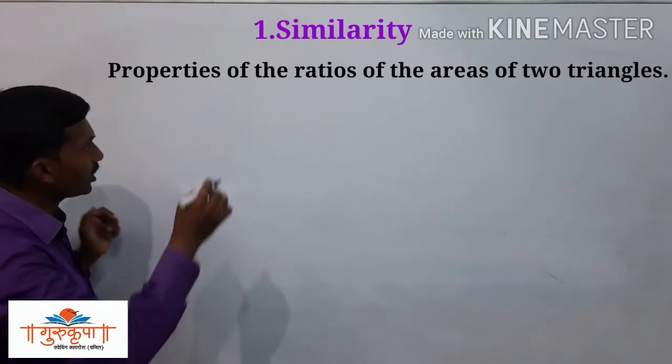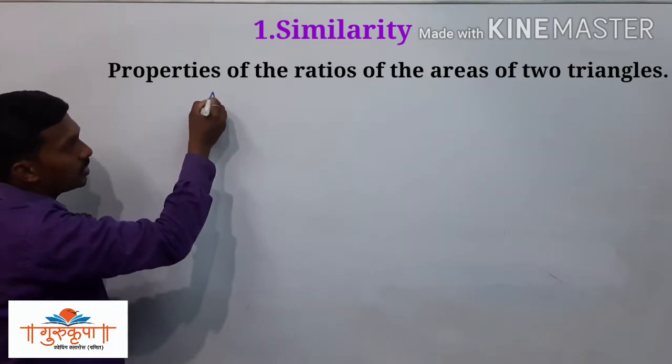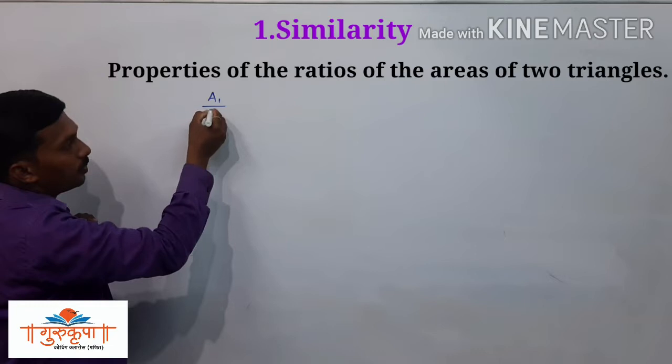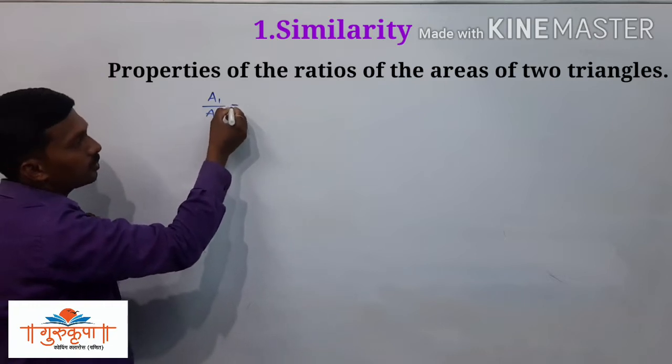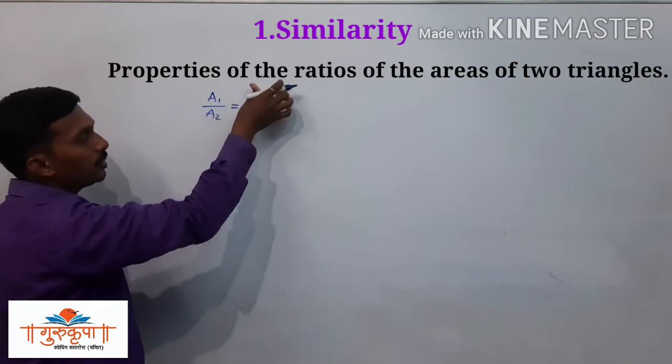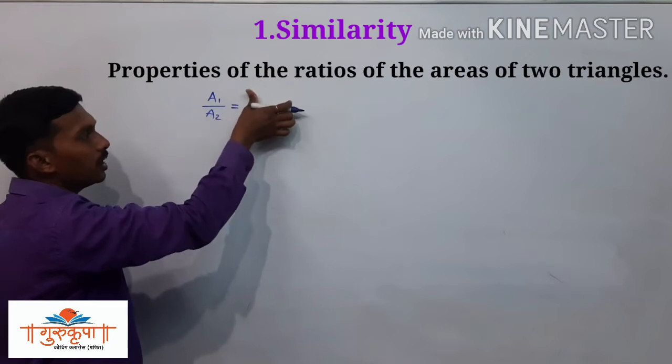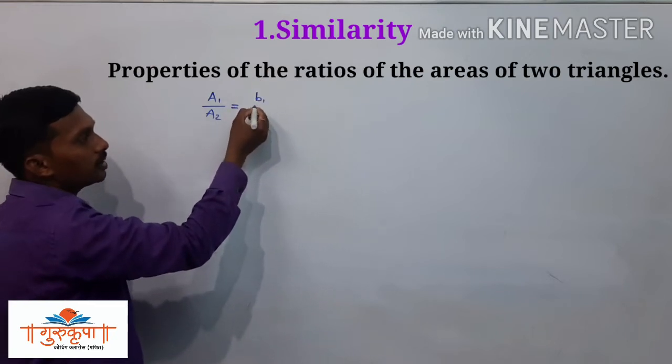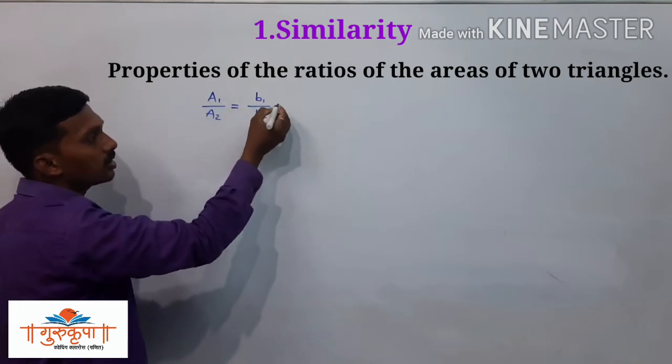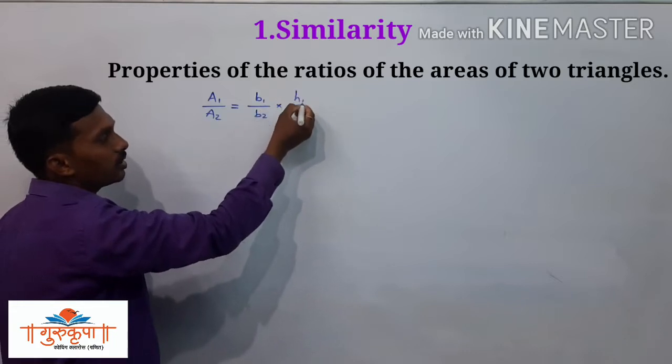In short, we can write that property as A1 upon A2 is equal to B1 upon B2, that is the ratio of the bases of both the triangles, and H1 upon H2.